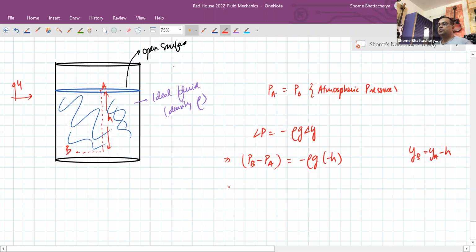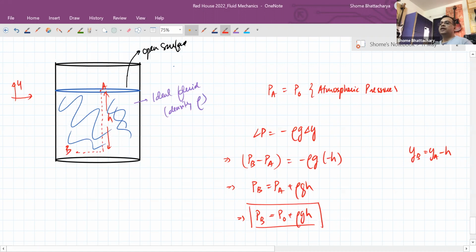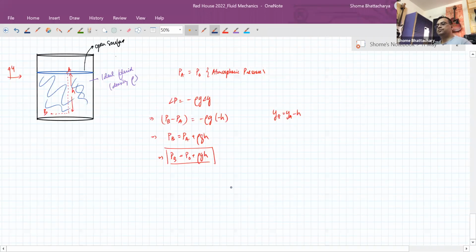So the pressure at the point B will be the pressure at the point A plus rho gh, or atmospheric pressure plus rho gh. So this is a simple way of calculating pressure at any point inside this kind of a situation.